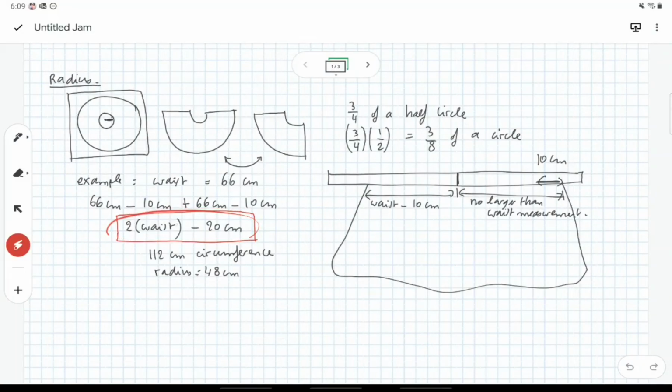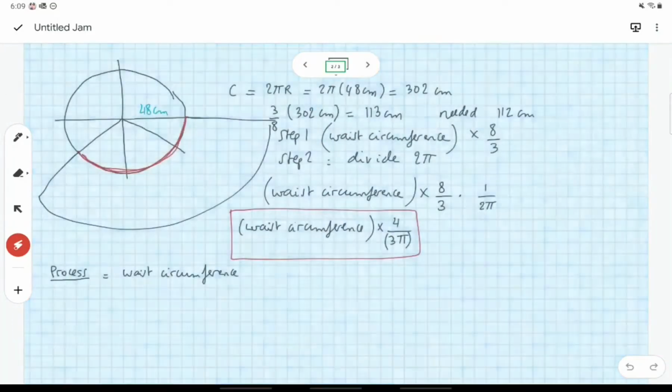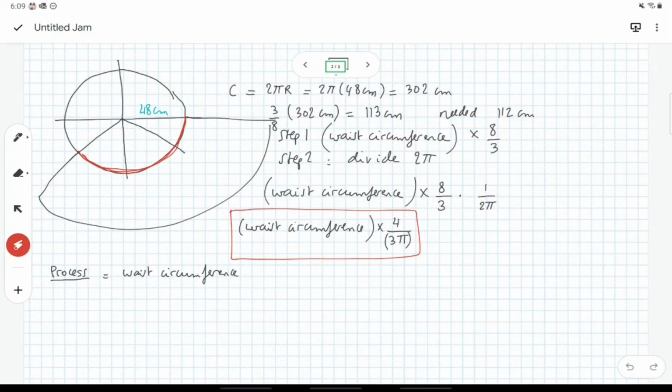You already multiplied your waist measurement by 2 and subtracted 20 centimeters from that number, which for me was 112 centimeters. So you're going to take this waist circumference and multiply by 4. Then, step 2, you divide that number by 3. And then step 3, you divide what you got in step 2 by pi.